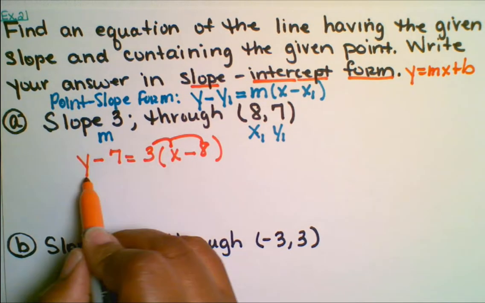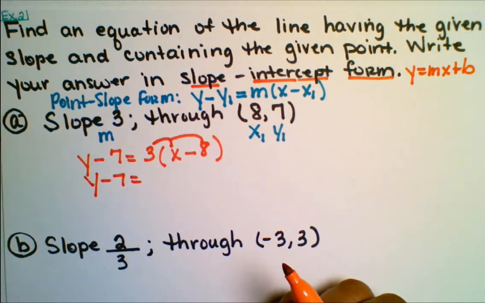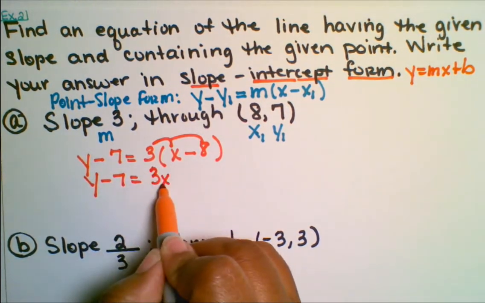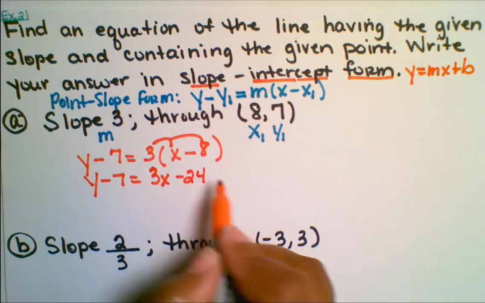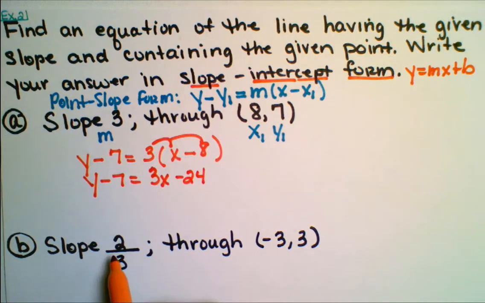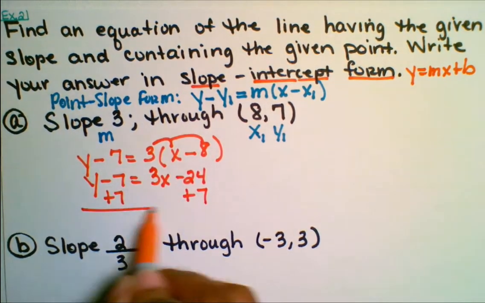So here we have y minus 7 is equal to 3 times x. That is 3x. 3 times minus 8, which is minus 24. And then to solve for y, we're going to add 7 to both sides.